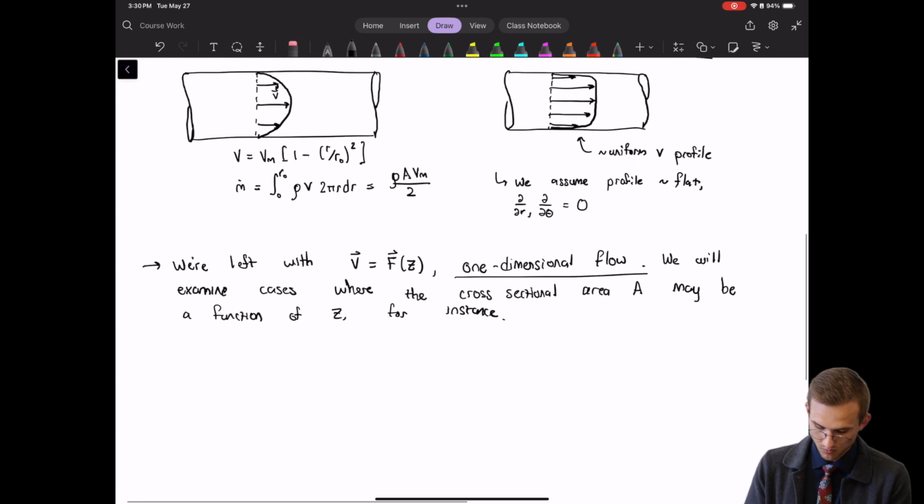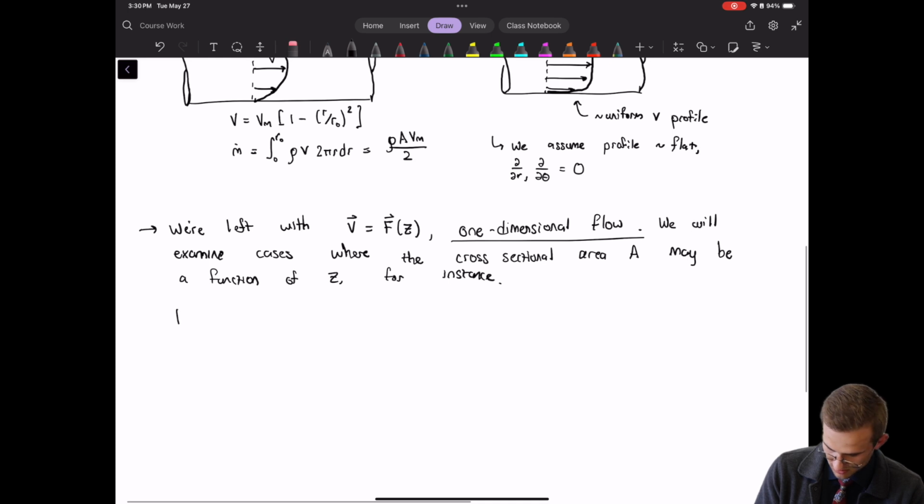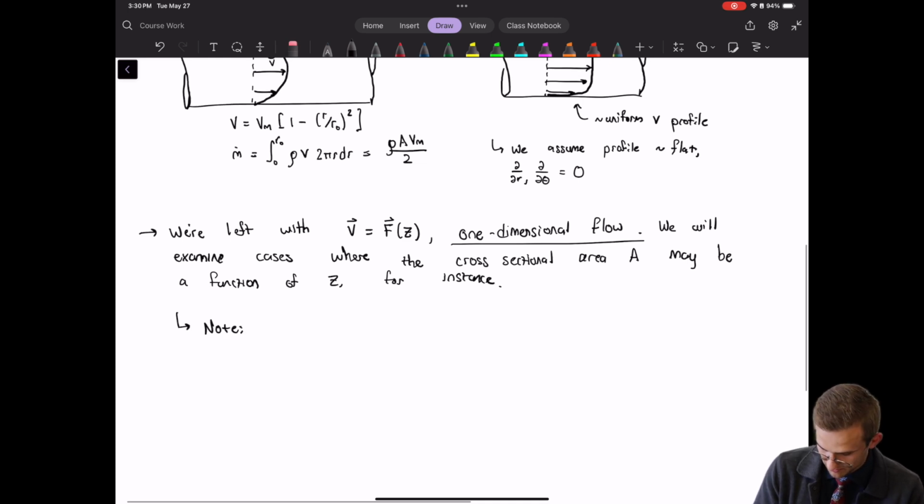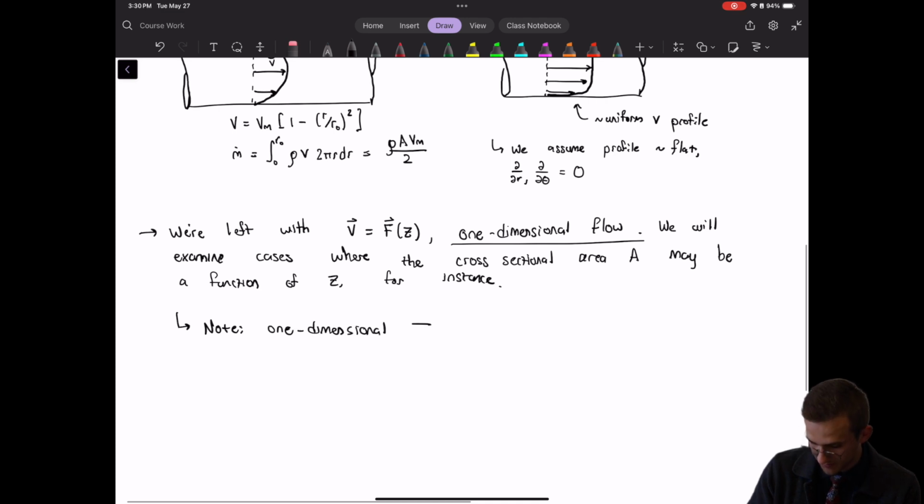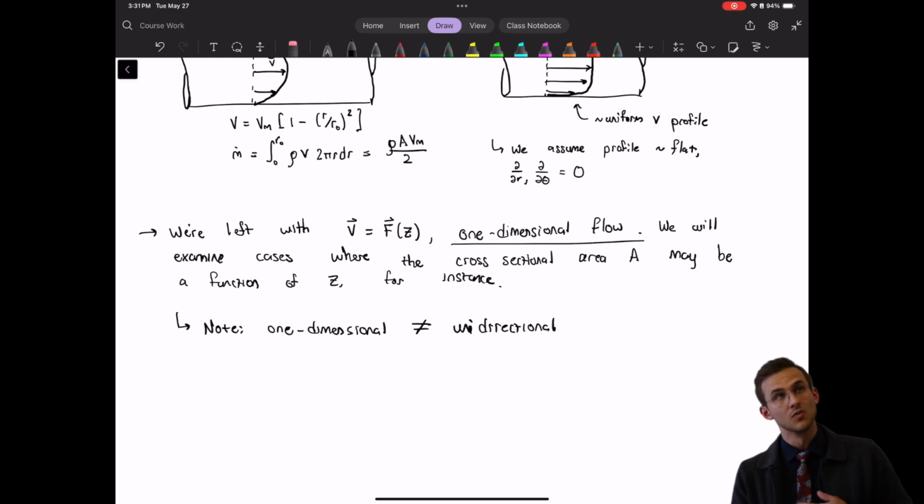Okay. So one important note here is that one-dimensional is not the same thing as unidirectional. So what do I mean by that?